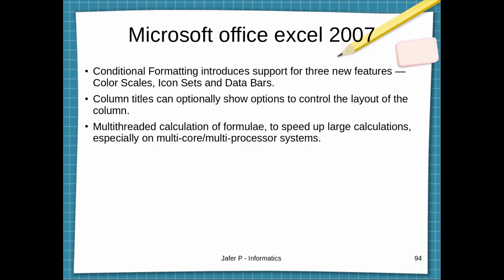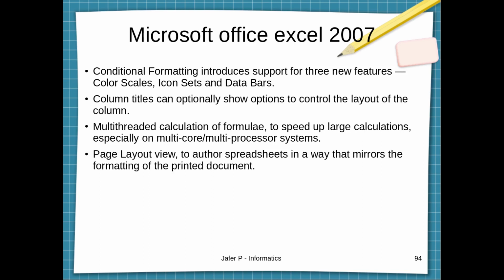Multi-threaded calculation formulas speed up large calculations. Multi-threaded means more than one calculation can be done at a time, right, especially on multi-core, multi-processor systems. Page layout view. Okay, to arrange the spreadsheet in a way that mirrors the formatting of the printed document.